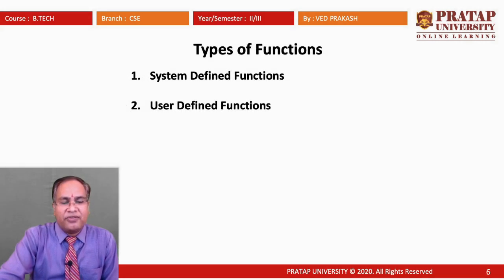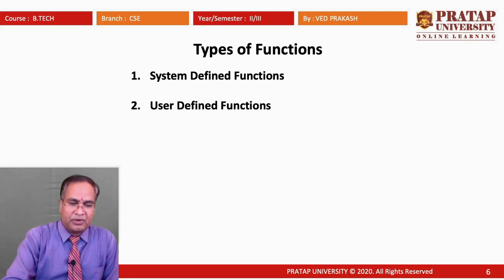Next point is types of functions. There are basically two types of functions. First one is system defined function and second one is user defined function. So what is a system defined function? System defined functions are inbuilt functions which are defined by the system, and their characteristics are inbuilt in the libraries.